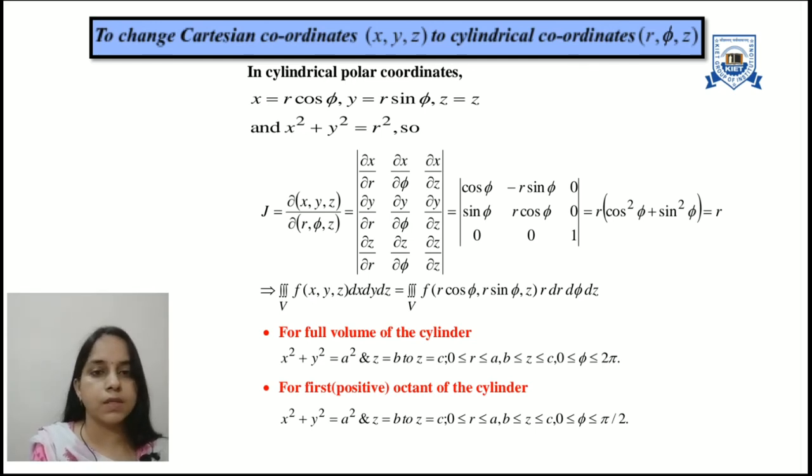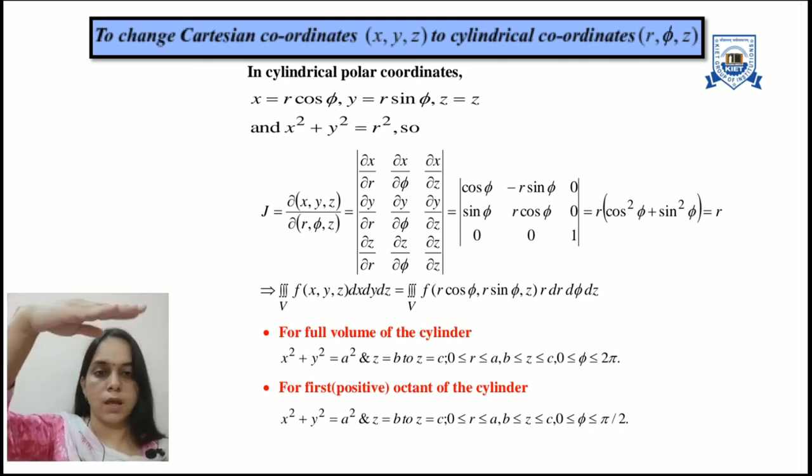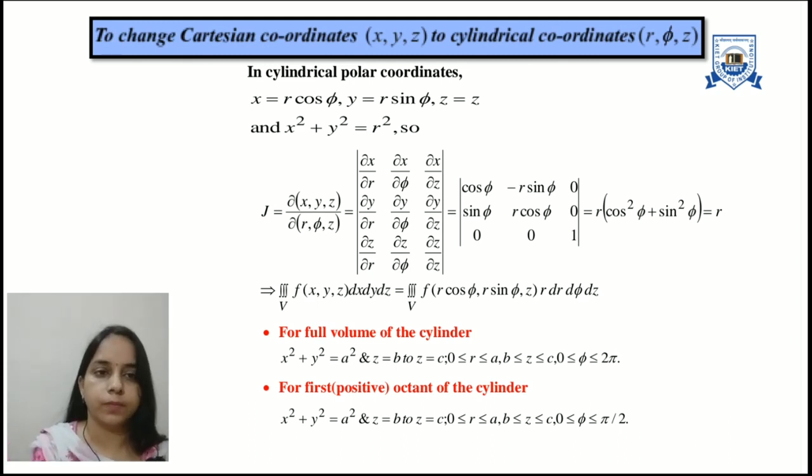Now, similarly as in spherical coordinates, we have, for the full volume of the cylinder, x square plus y square equals a square and z equals b to z equals c. Note one thing: the equation of the cylinder is always written in this particular form, the equation of a circle defined along the limits of z, because a cylinder is nothing but circles cut by z planes.